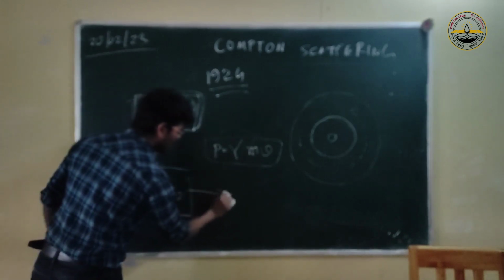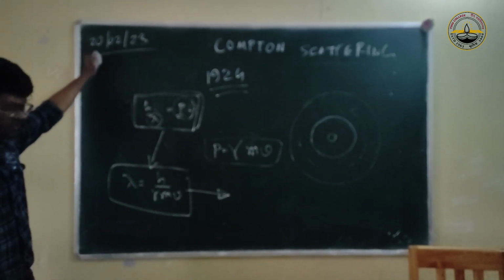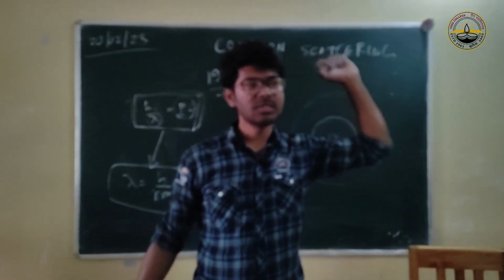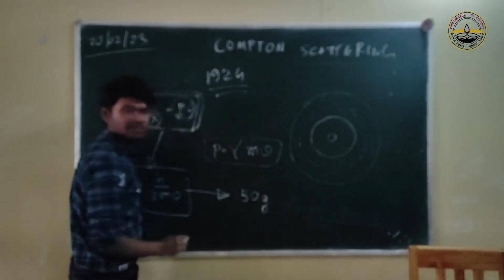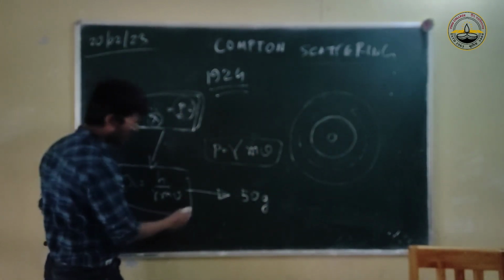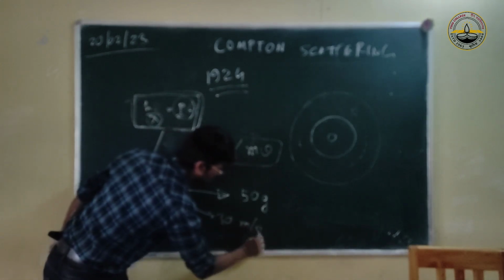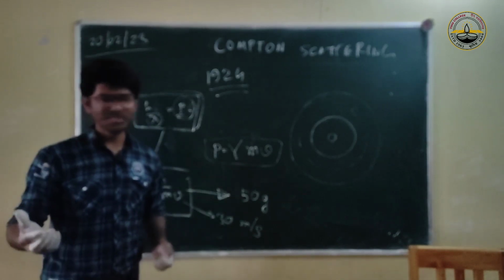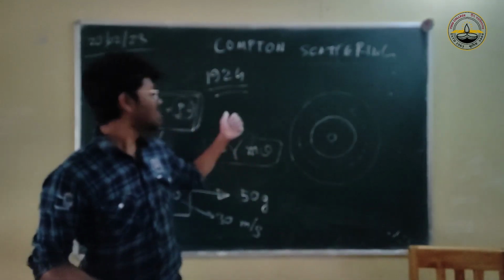Now, I leave it to you. Just use a tennis ball with some mass, say 50 grams, moving with a velocity, let's say 30 meters per second, and see what wavelength you come up with. The tennis ball also has a wave associated with it according to de Broglie.